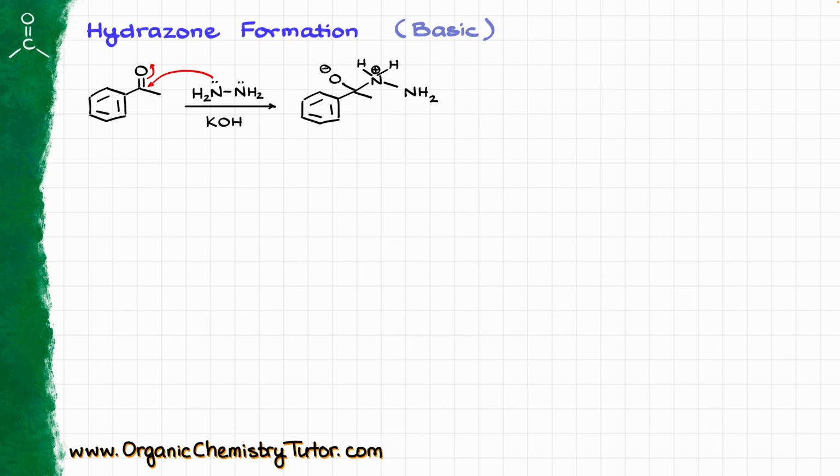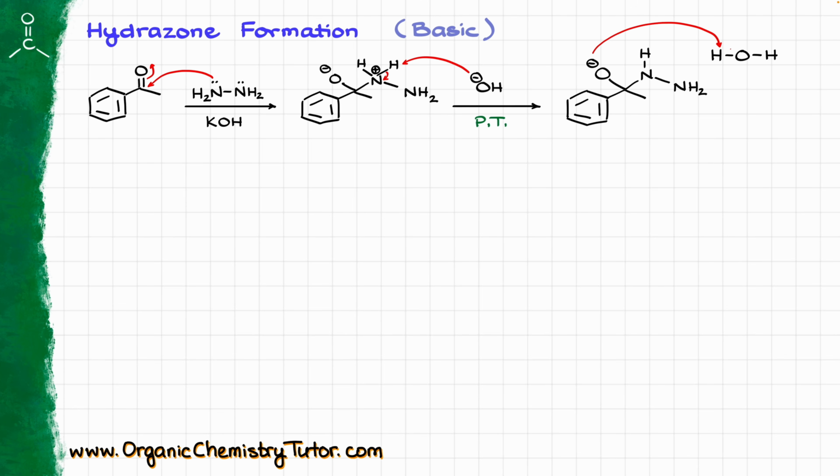From this point I'm going to bring the OH-, and I will have this OH- deprotonating my nitrogen like this, giving me an intermediate with a negatively charged oxygen, and then from here I'm going to have water that is present in our media from the previous step come in and protonate my O- like this, again bringing me back to my neutral intermediate, similar to what I had in my acidic mechanism.